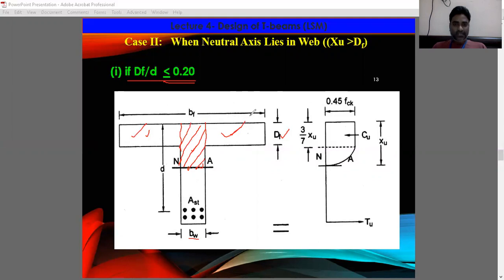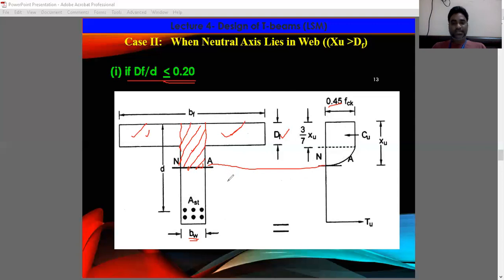The area of this one is (Bf minus Bw) into Df, and you get the area of these flanges into the stress, that is 0.45 fck. And for the web, the area is Bw into Xu, up to the neutral axis, into the average stress, that is 0.36 fck.